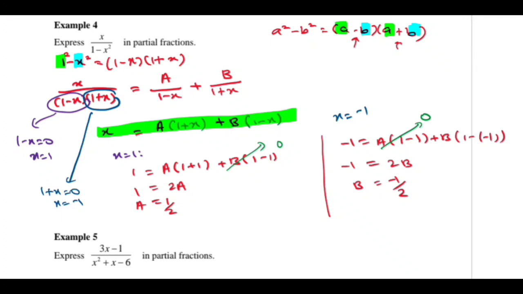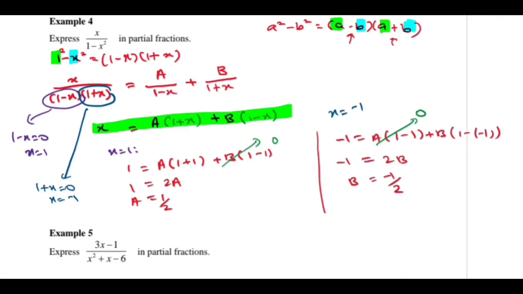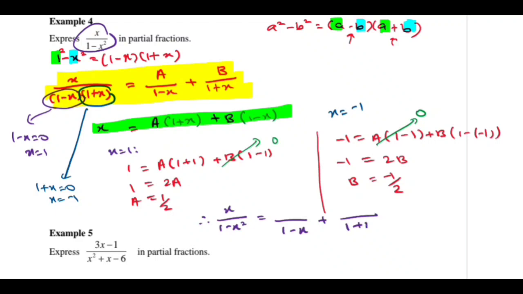And remember, your final answer must be in partial fractions, so you have to write down your final answer in these two separated fractions. You can write down the original question and then write down the denominator below a and also below b, and then just substitute in your values of a on top.